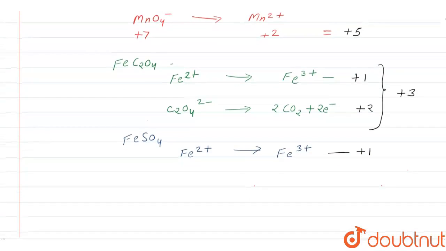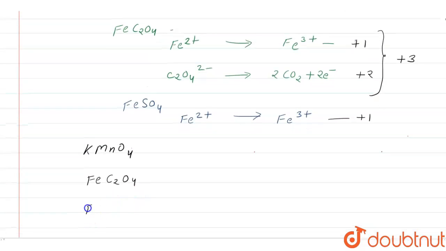So we can summarize here that the 3 components of the reaction mixture: KMnO4 is undergoing +5 unit change, then ferrous oxalate, that is FeC2O4, +3, then for ferrous sulfate there is +1.